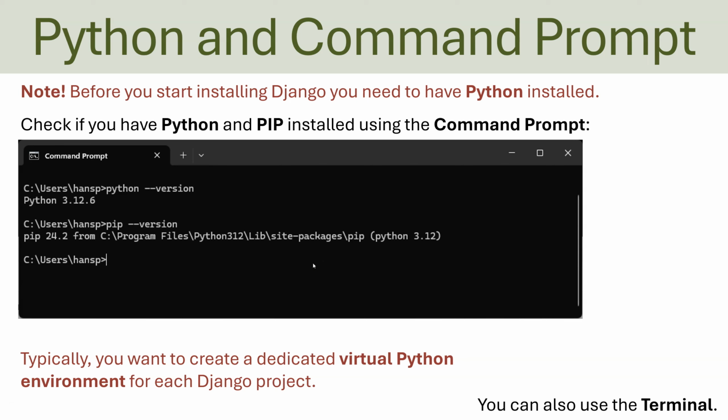So when you have made sure that you have Python installed, the first thing you need to do before you install the Django package is to create a dedicated virtual Python environment for each of your Django projects. So typically when you want to create a Django project, first you need to create a new dedicated virtual Python environment for that specific Django project.